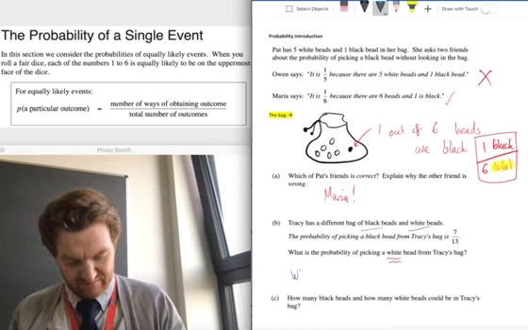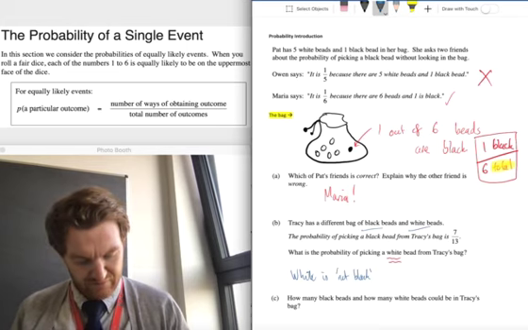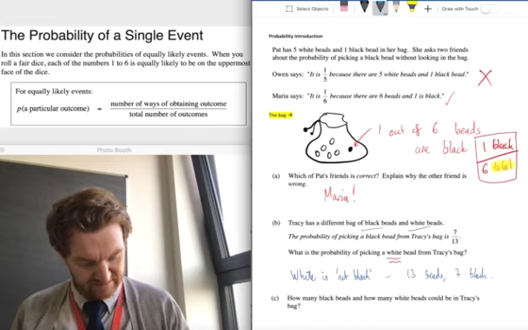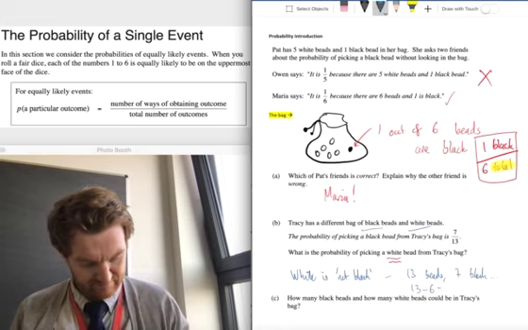White beads are not black beads. So if we've got 13 beads, 7 are black. Well, 13 minus 7 is 6. So there must be 6 white.